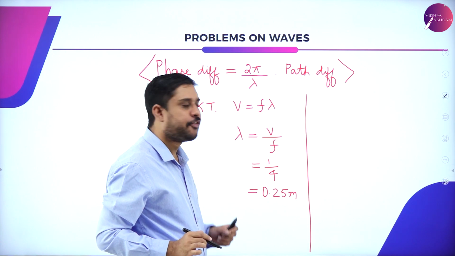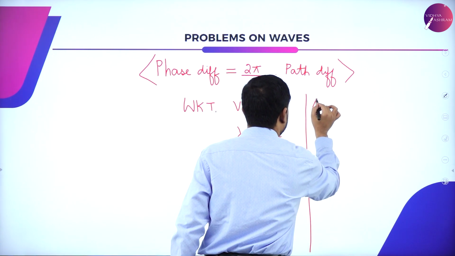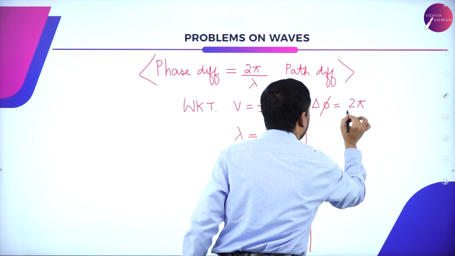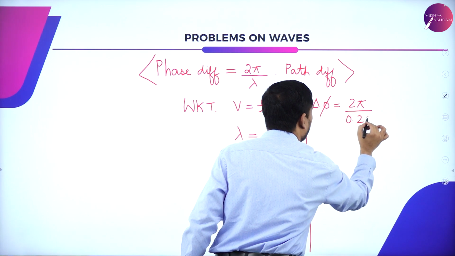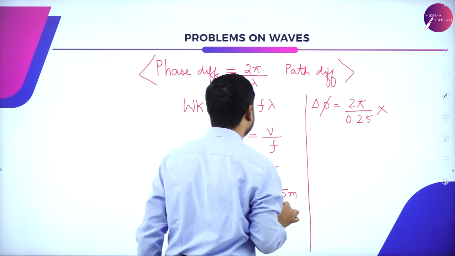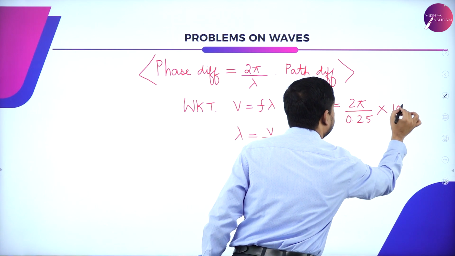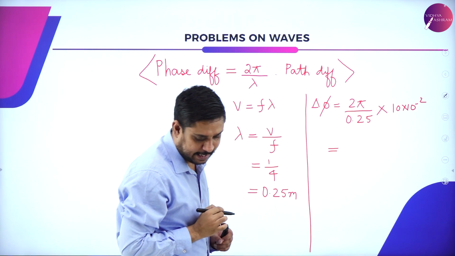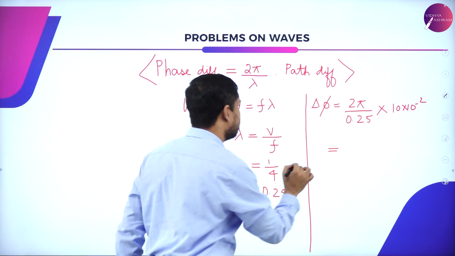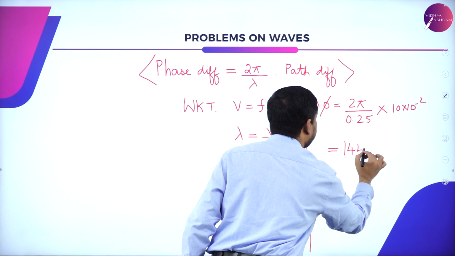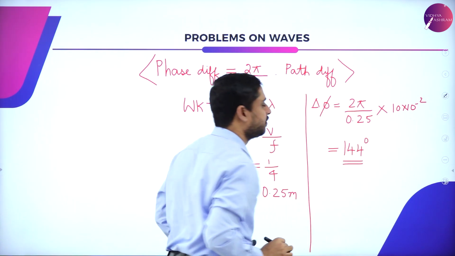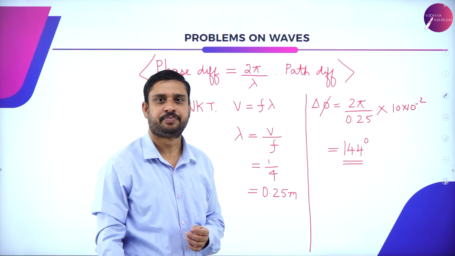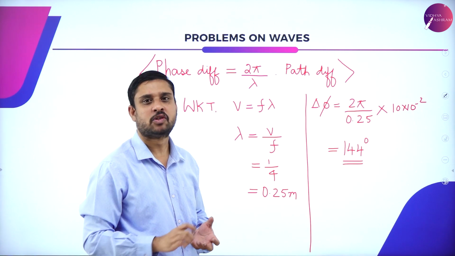Substituting here, delta phi equals 2 pi by 0.25 into path difference 10 into 10 power minus 2. On simplification, this turns out to be 144 degrees. Very simple. Just know these bit of relations, very easily we can solve.